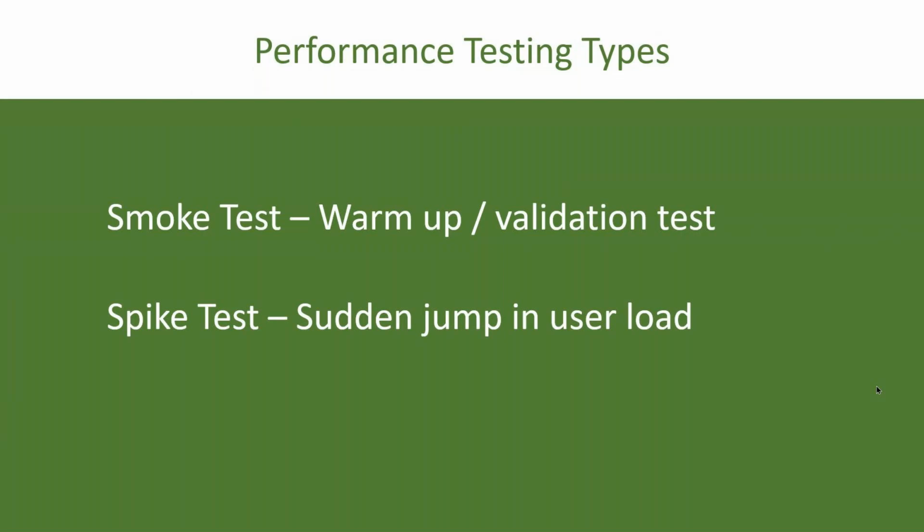this is like simulating a sudden jump in the user load. The best example I would say, this reminds me of another incident that happened maybe 1.5 to 2 years back, pre-pandemic time. It was the movie Avengers Endgame.